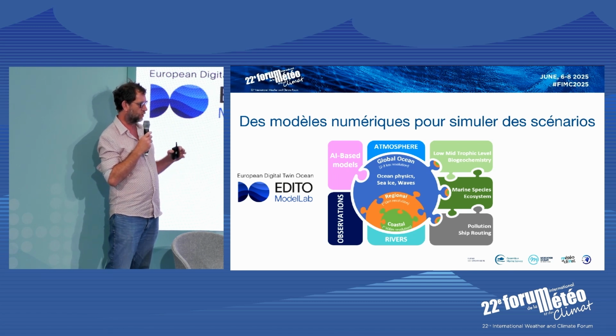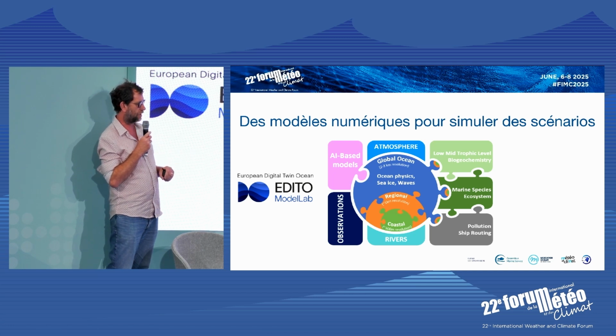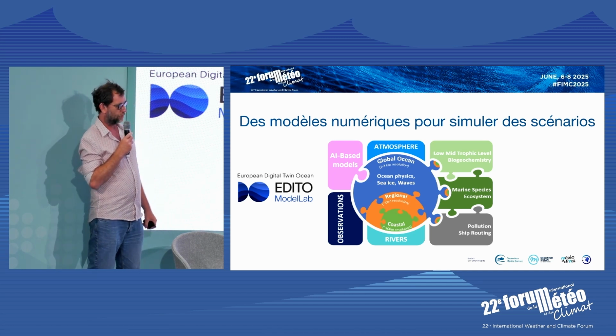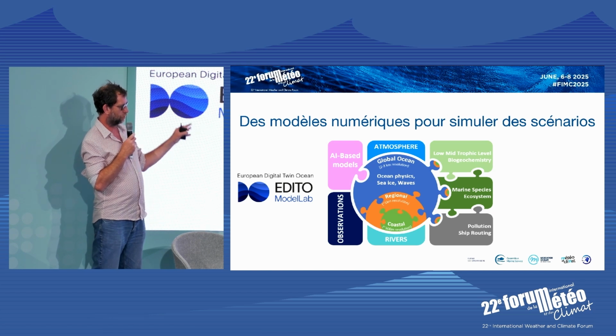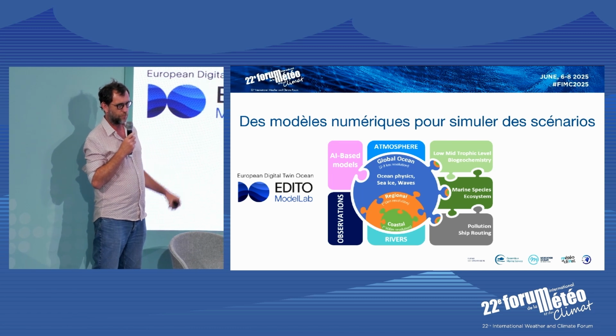Then we have other scales, regional scales, the scale on coastal areas, coastal lines, and we have interactions with various components. So the observations, the rivers, the oceans, the seas.